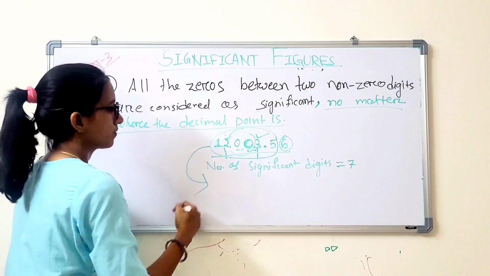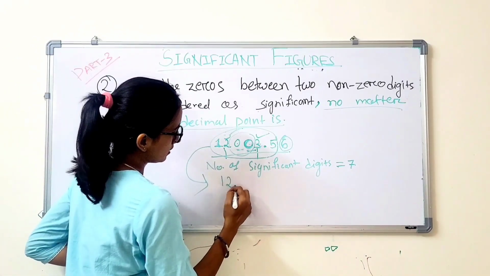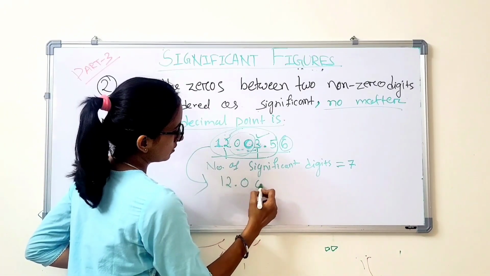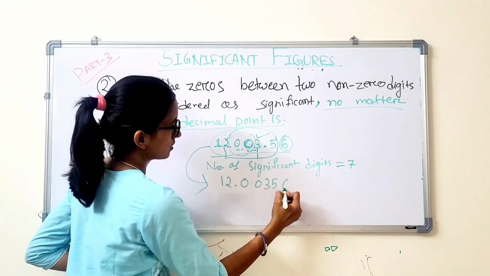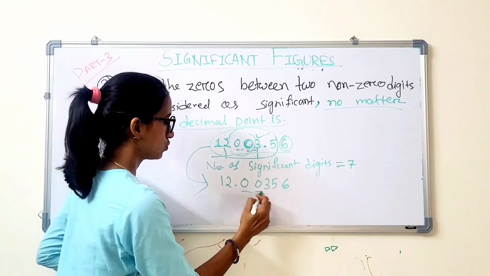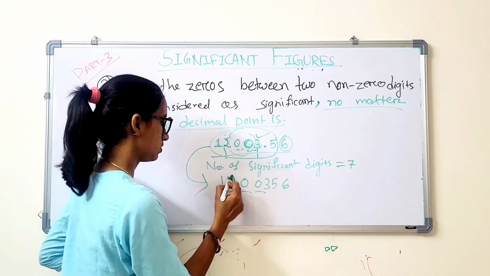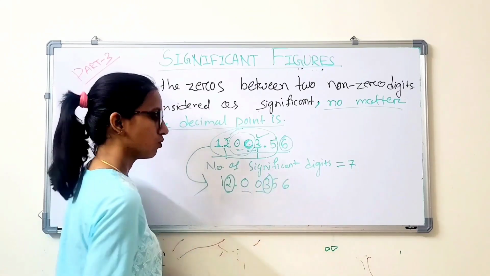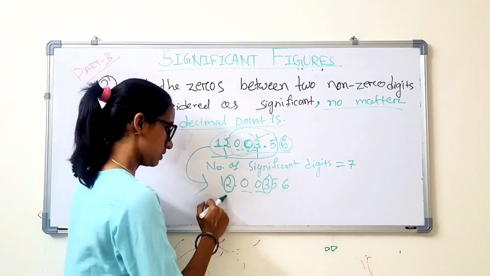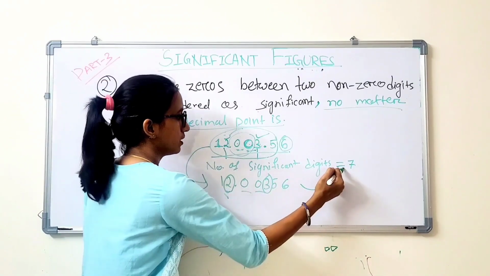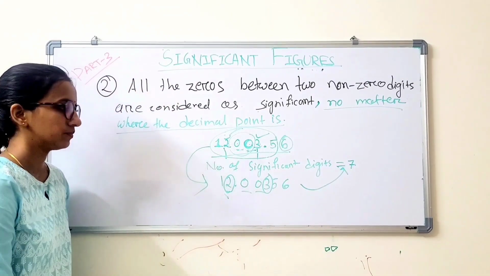Same quantity. If I write it like this, 12.00356, again these two zeros are in between 2 and 3, which are non-zero. So in this case also, the number of significant digits will be 7.